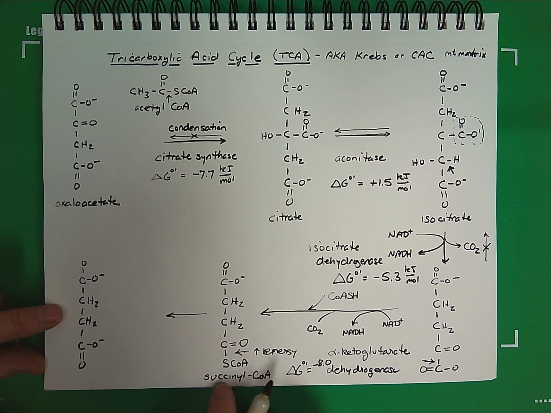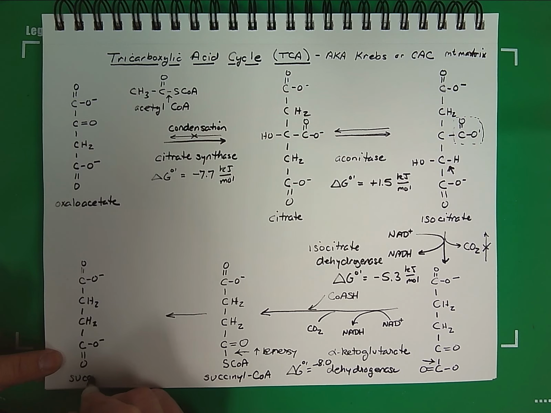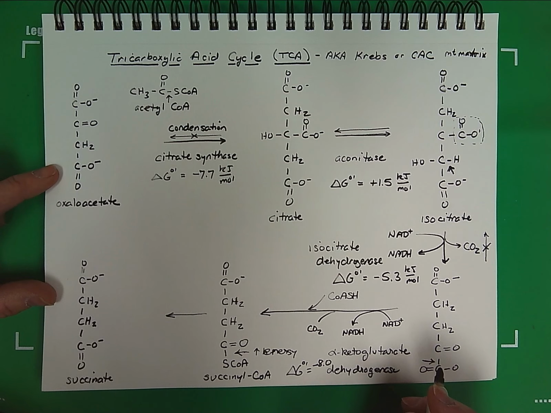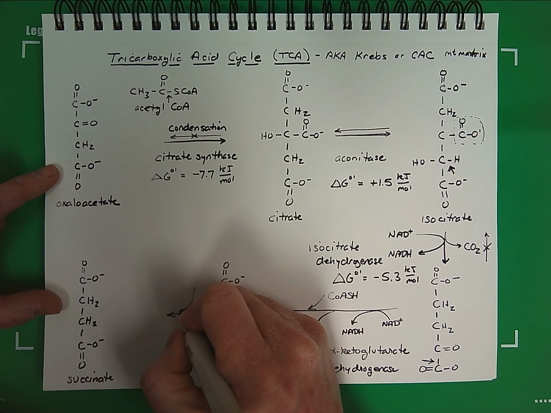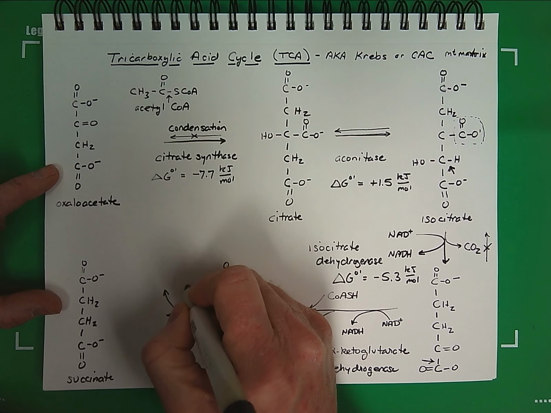We are going to be converting the succinyl-CoA into succinate. So the important reaction here is that we are losing the bound coenzyme A. We are hydrolyzing this high energy bond. We are going to utilize this high energy bond to transfer the energy to another energy storage molecule.